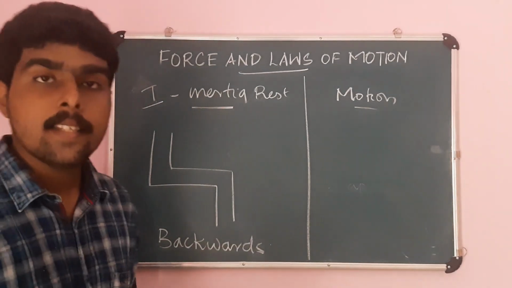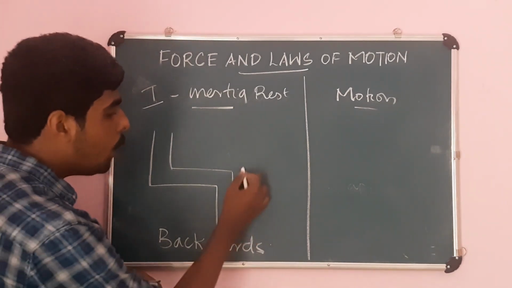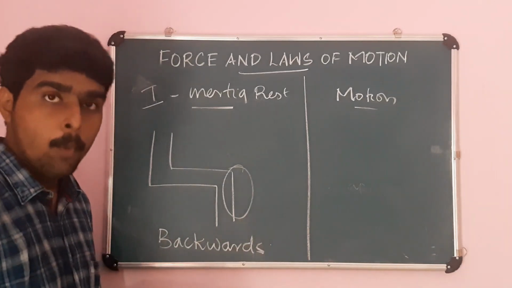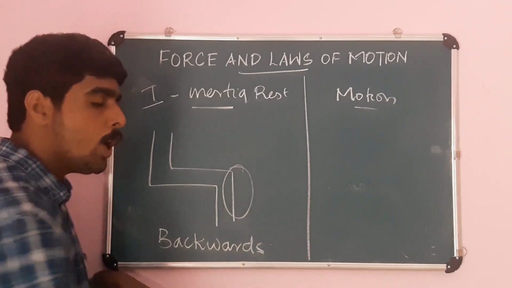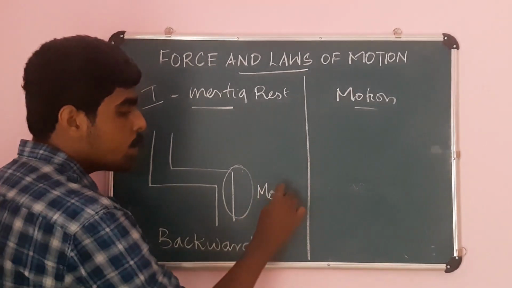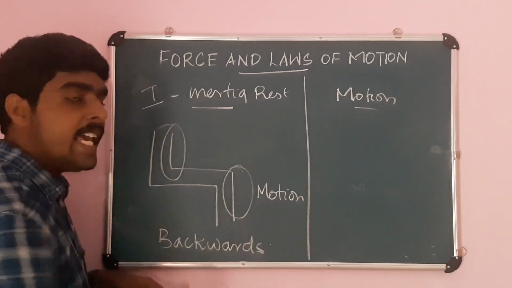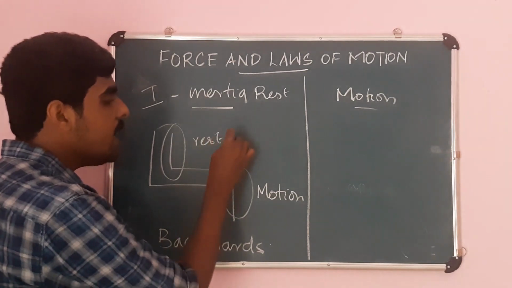Now why does that happen? When the bus starts suddenly, the lower part of the body goes into motion, as the bus starts into motion, and the lower part of the body also becomes in motion. But the upper portion of the body continues to be in rest, or wants to be in rest.